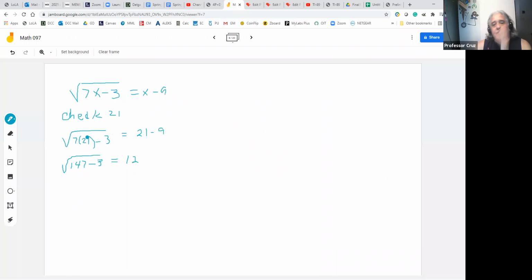All right, am I doing it right? Because this one may be the one that's not working. So 147 minus 3 is 144. Now that's right. So the square root is 12, and 7 minus 3 is 4. So then this is 12 is equal to 12. So that one's fine.